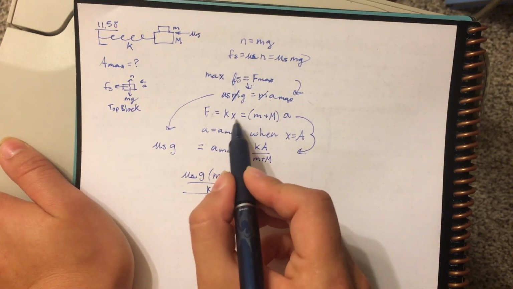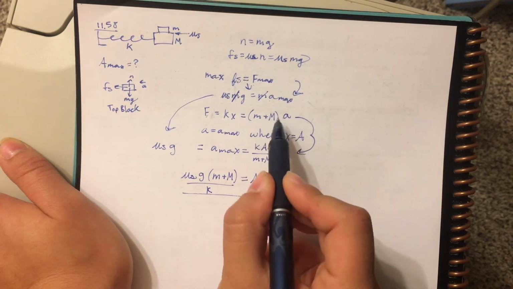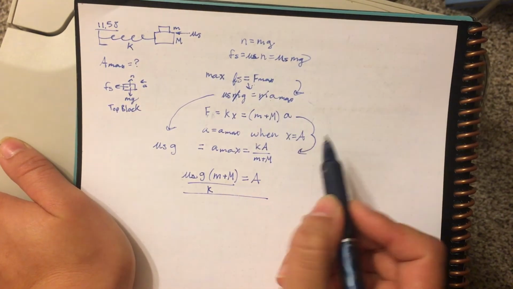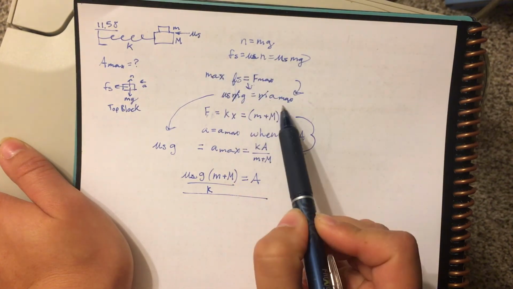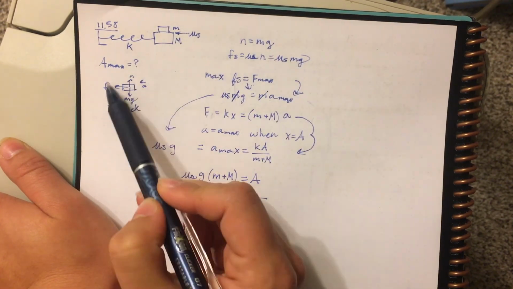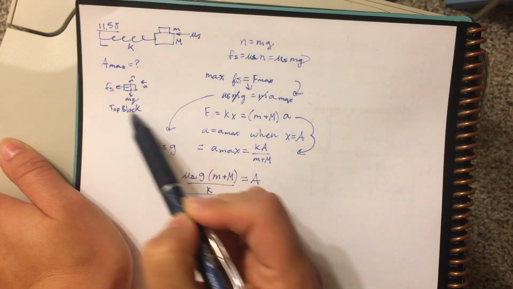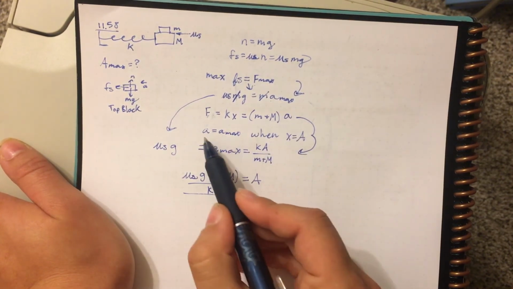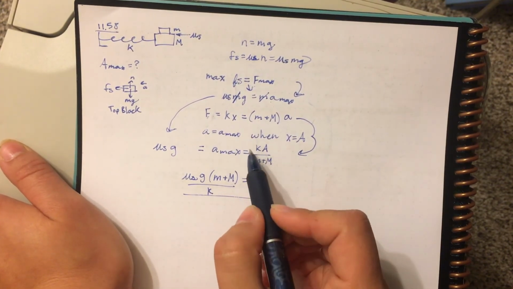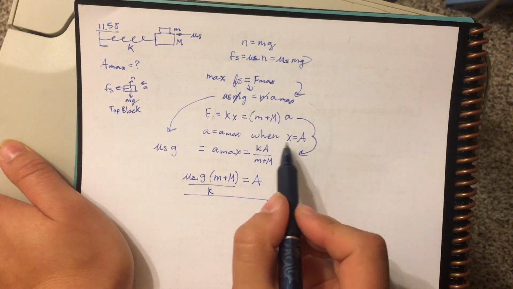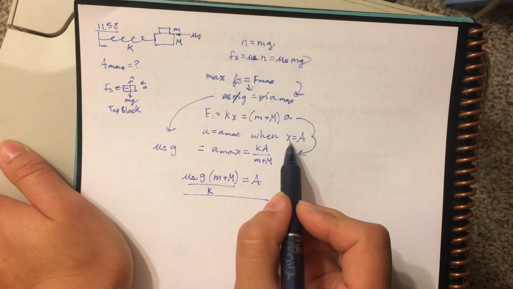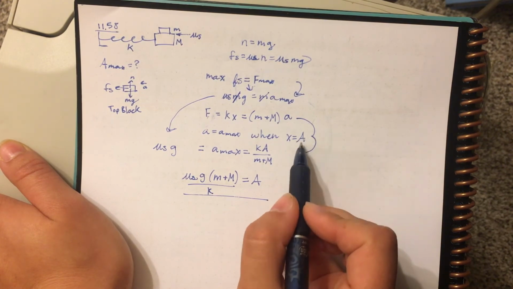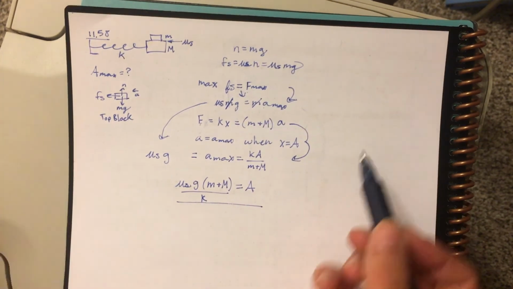Since this is the spring and this is related to the spring, whereas this stuff up here, we only used the small m because it was all in relation to this free body diagram. Okay, so A equals A max, as we said before, when the x, the displacement from the equilibrium, is equal to the amplitude.